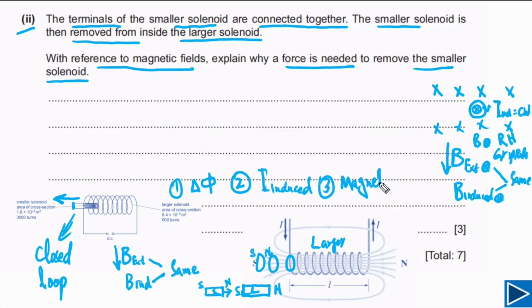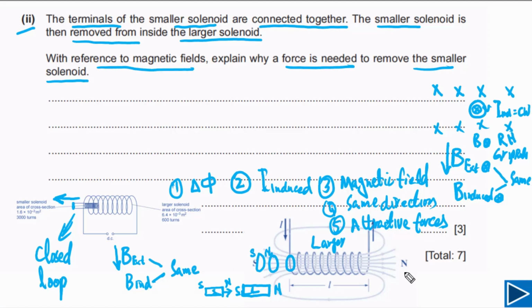And the magnetic field of the induced current and the magnetic field of the larger solenoid, they will be in the same direction. So there will be an attractive force between these two solenoids due to the interaction between two magnetic fields. So that's all what we need to write down, and this question has 3 marks.